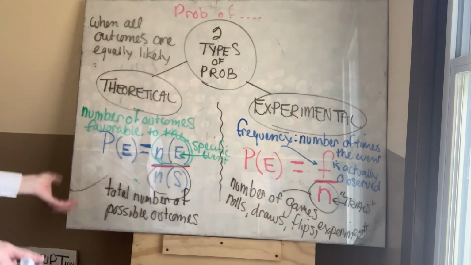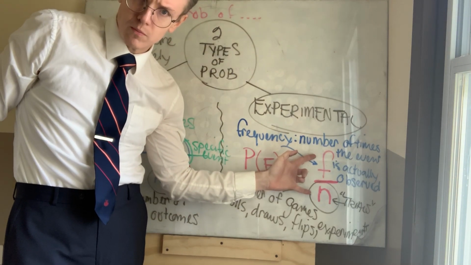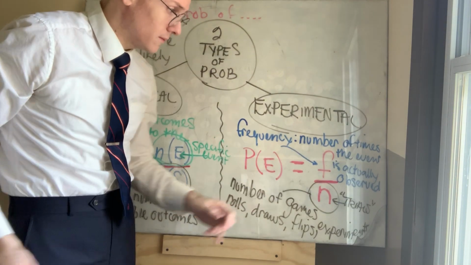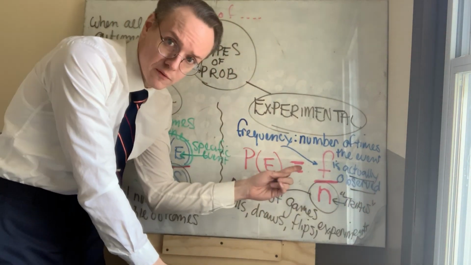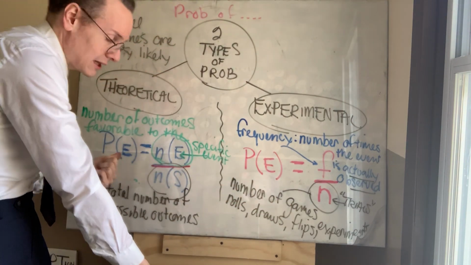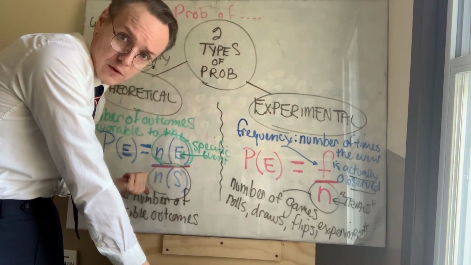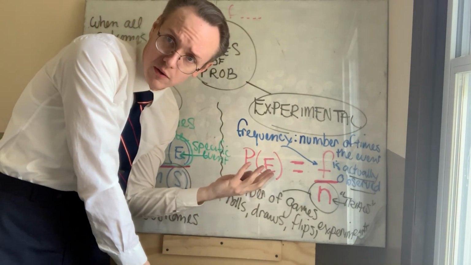Anyhow, because of the nature of experimental probability being dependent upon what is actually observed, the result of experimental probability, at least in the short term, is likely to be different from what theoretical probability predicts, and that's not anybody's fault. It's just a natural occurrence.